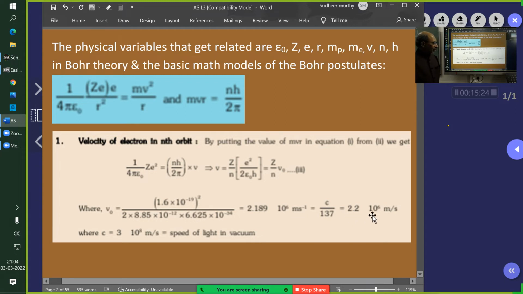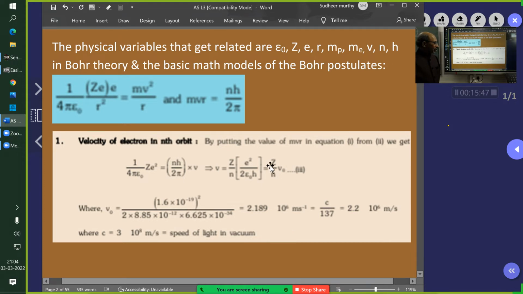So that is 2.2 into 10 to the power of 6 meters per second. See, this is the speed with which the electron is revolving around the nucleus in the hydrogen-like atom in its ground state. Clear, students?